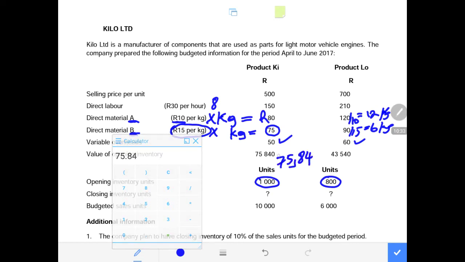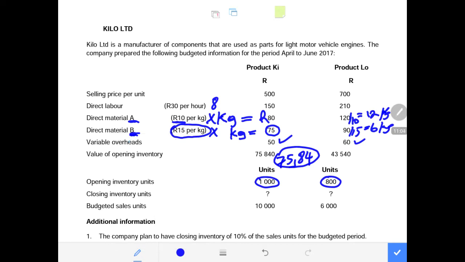And I don't want to go into detail on this. Otherwise, it is very important, more especially when the company maybe was using another method of absorption. Now they are moving to marginal costing, or the information provided was based on absorption, and now the company is using marginal, or you are required to do a marginal income statement, yet the opening inventory was based on the absorption costing system.